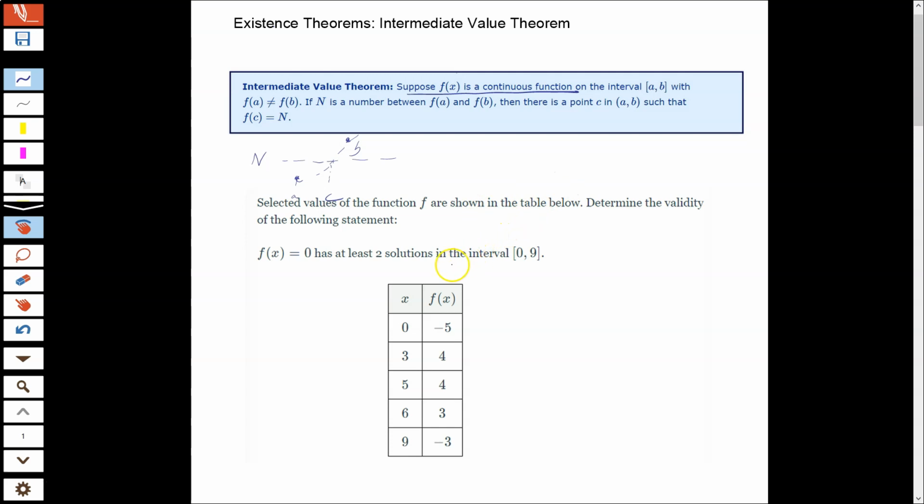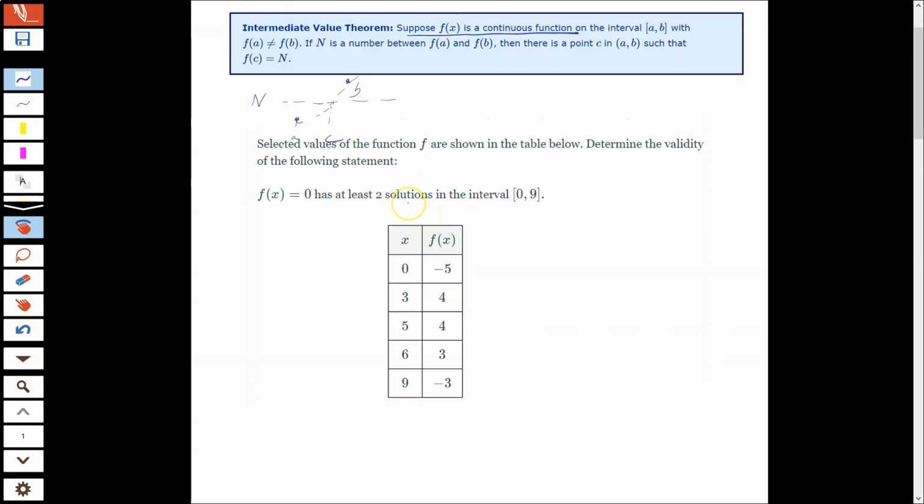Okay, so let's look at our first problem here. This is straight off of Delta Math. Selected values of the function f are shown in the table below. To determine the validity, which is just a fancy way of saying truthfulness, of the following statement: f of x equals 0 has at least two solutions in the interval 0, 9. You're like, what in the world could that mean?